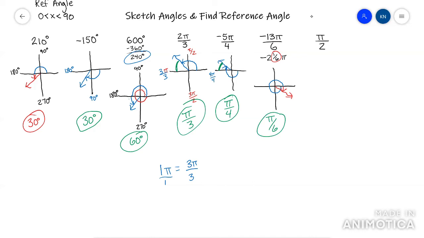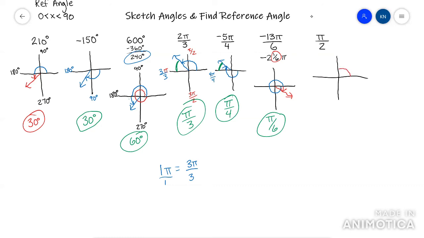All right, and then I put this last one on here because it's a quadrantal. Quadrantal means your angle winds up on an axis. Here, here, here, or here. Some people say they do have reference angles. Some people say they don't. I say they don't. But basically, you would graph this.